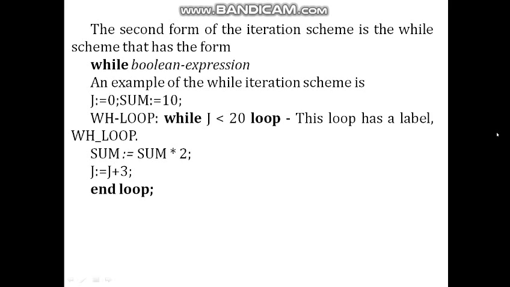This loop has the label while loop. Sum equals sum into 2; j equals j plus 3; end loop. The statements within the body of the loop are executed sequentially and repeatedly as long as the loop condition, j less than 20, is true. At this point, execution continues with the statement following the loop statement.